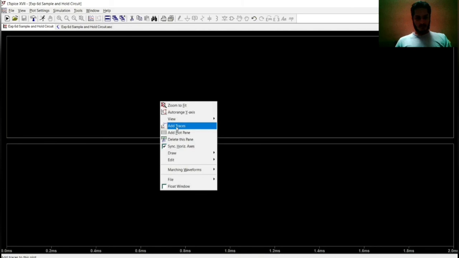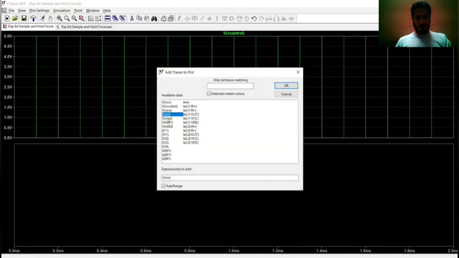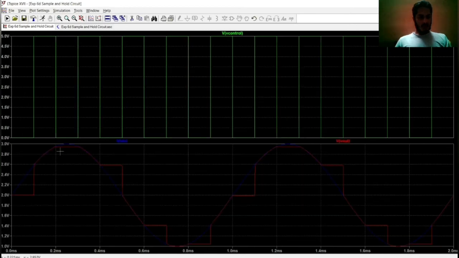This is the control signal. Here we can see that whenever the control signal is low, the output will be the constant value across the capacitor.